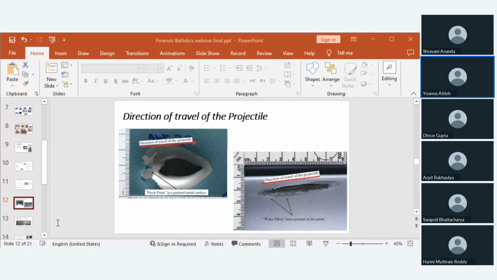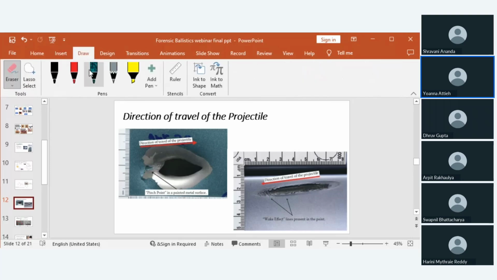So simply, whenever you see this pinch point, okay, let's draw again. Whenever you see this shape, this is the pinch point. So the pinch point helps us determine the direction of travel of the projectile. So it's simply in this direction. Okay?